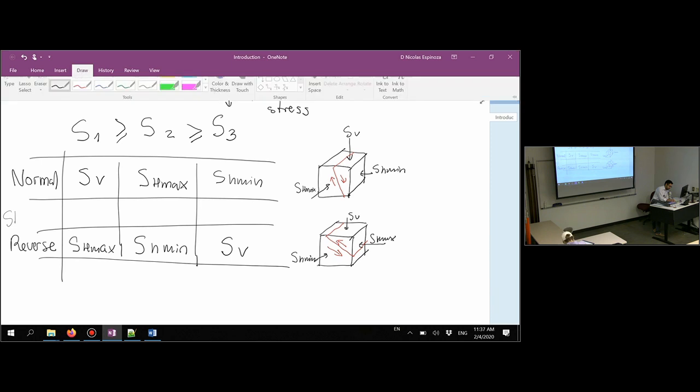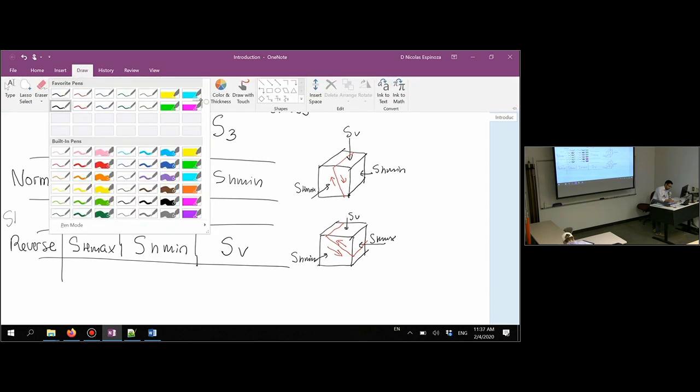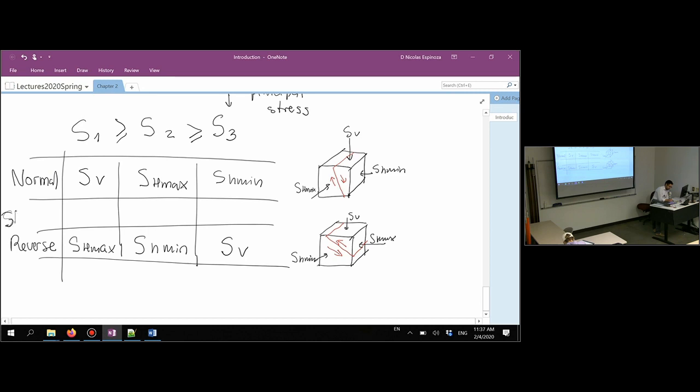and that's a case which is called strike slip. And now the maximum horizontal stress is horizontal, the minimum is horizontal too, and the intermediate is vertical.